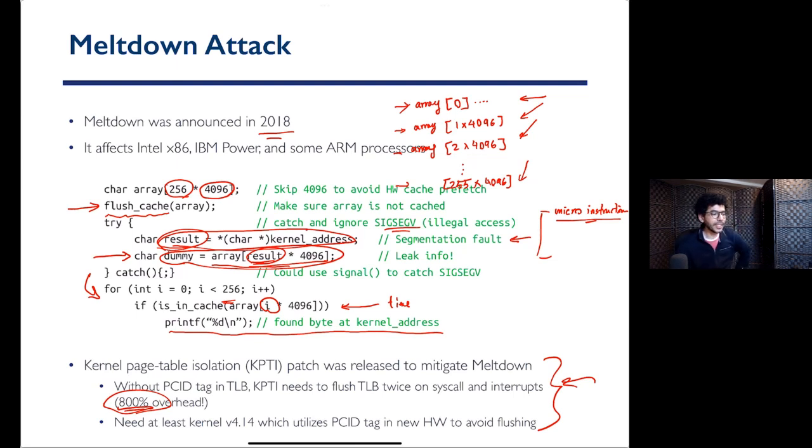Now, unfortunately, after Meltdown, there was another security risk caused by out-of-order execution that was called Spectre. With Meltdown, AMD processors were not impacted. With Spectre, even AMD processors were impacted. And with Spectre, there is no software solution.